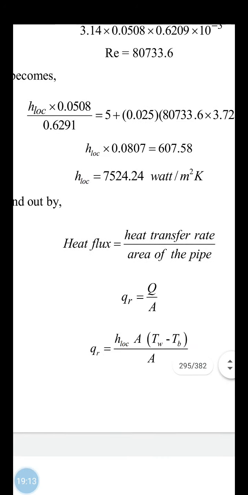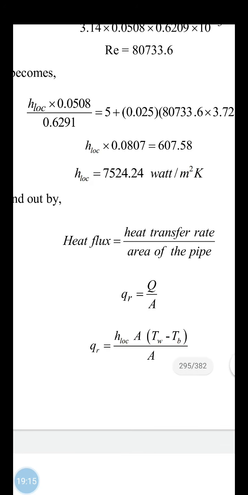Then you can find out the heat flux. What is the heat flux? Heat flux is the heat transfer Q by A, the area of the pipe.